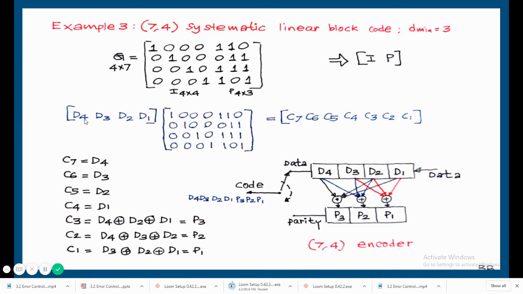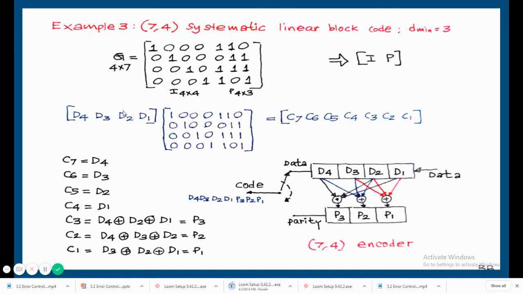Equations are written here. D4 multiplied, this row multiplied by the first column: D4 into 1 plus D3 into 0 plus D2 into 0 plus D1 into 0. So the answer is only D4. That is why C7 is equal to D4. Like that, the first 4 column multiplications will give D4, D3, D2, D1.